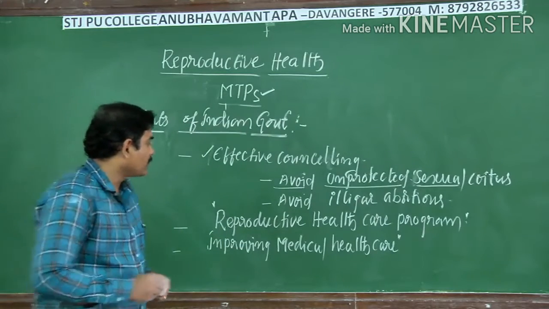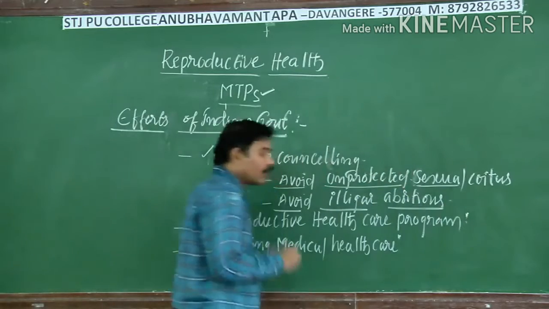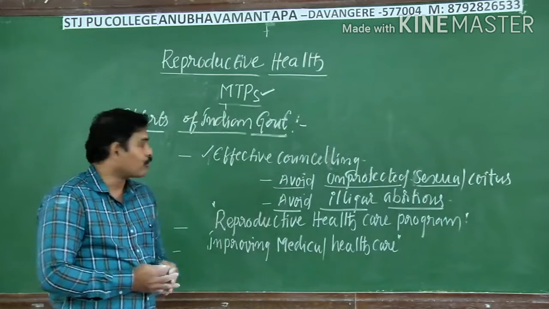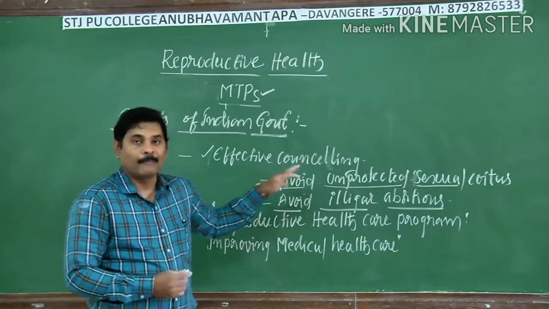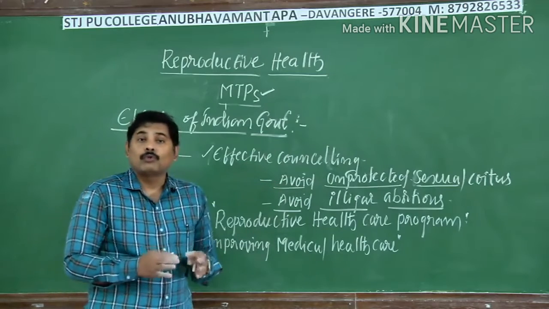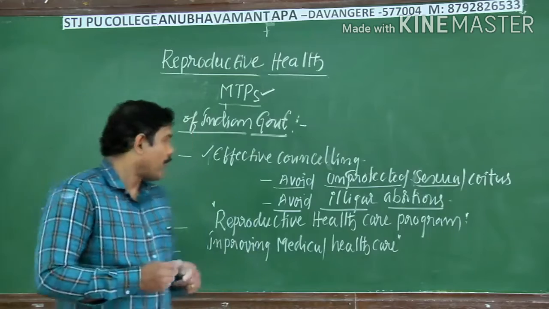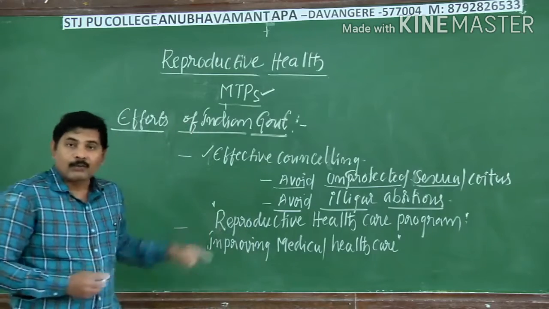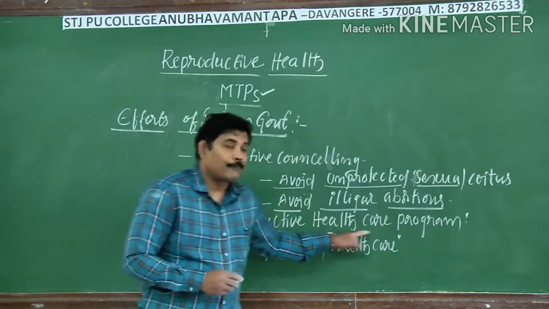Whereas the second one is that they should avoid illegal abortions. In order to avoid these illegal abortions, strong and effective counseling is needed for all the people. These two things are not good for a reproductive healthy society. That is the reason why they have started one program, and the name of the program is the Reproductive Health Care Program.